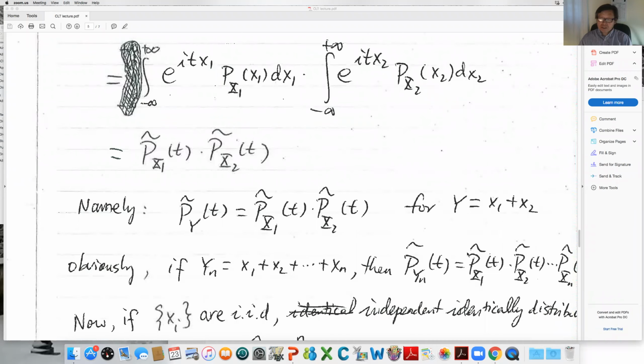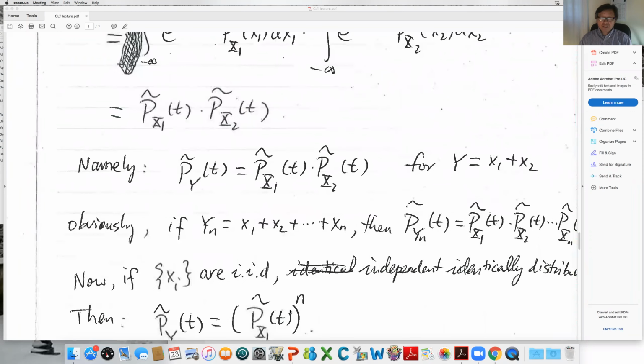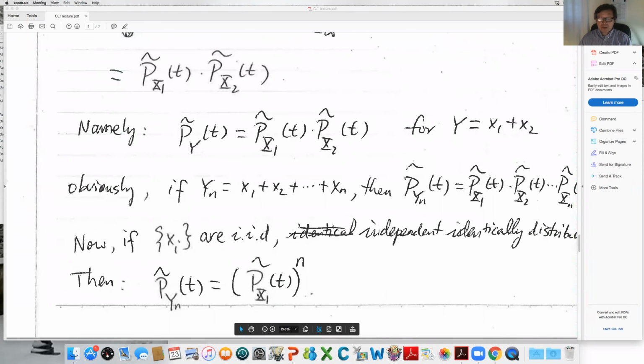It would be a simple product of the n, but because they're identically distributed, this just becomes the nth power of that. Okay, so this is a major milestone in our algebra exercise so far.